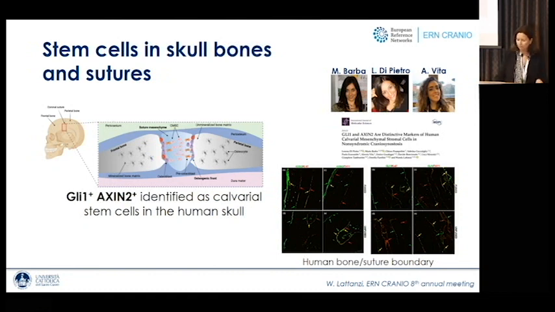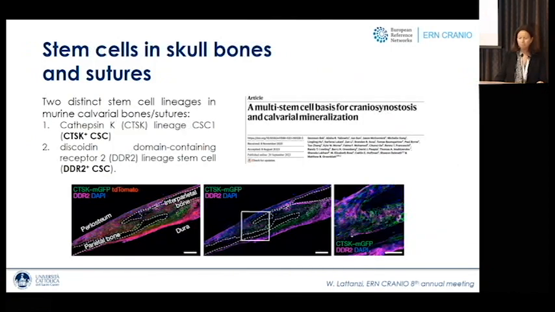This was in 2020, and less than 2 months ago, at the end of September, a new paper showed up, very interesting. They did a very detailed lineage tracing study in mice where they define that not only do we have separate stem cells in the skull, but within the suture we have increased heterogeneity because we have at least two separate populations of somatic stem cells, those marked as CTSK positive and those marked as DDR2 positive.